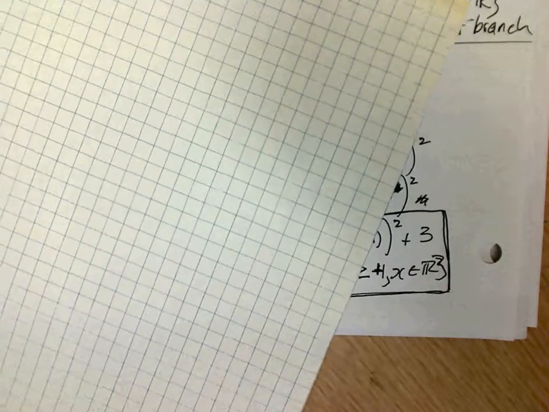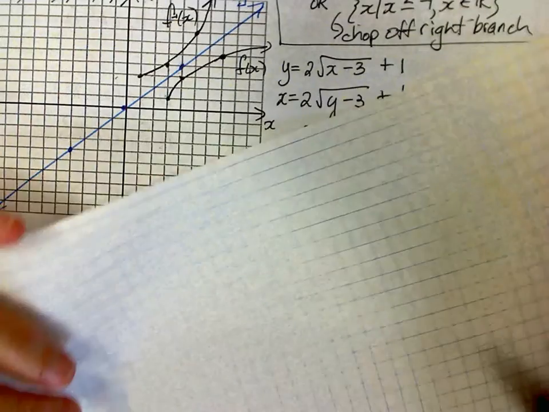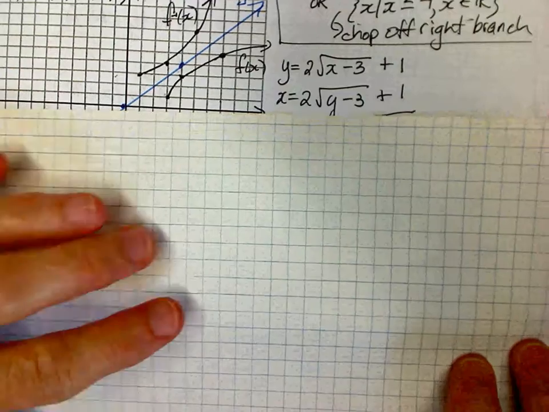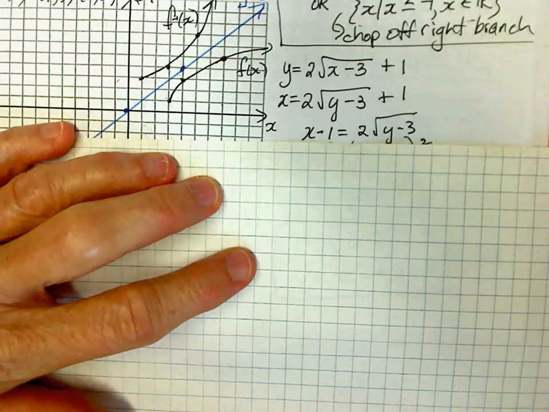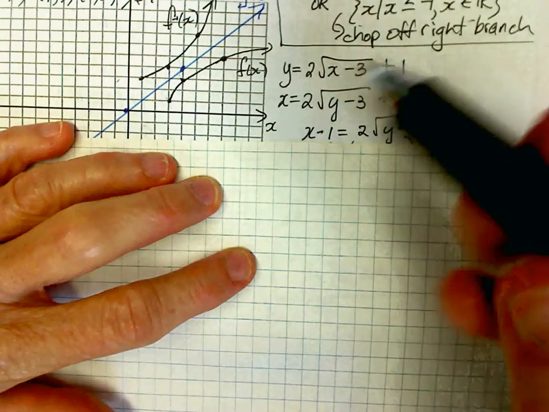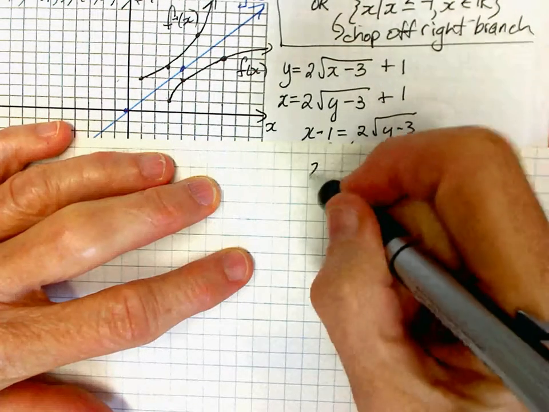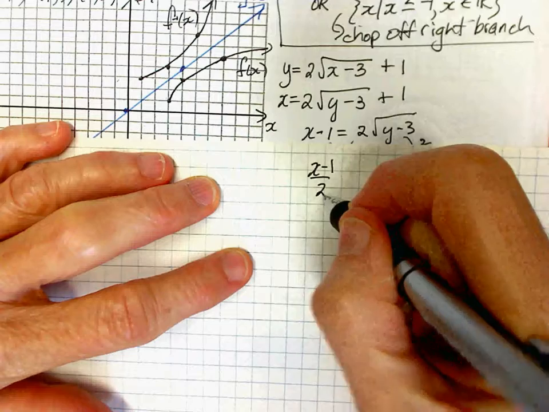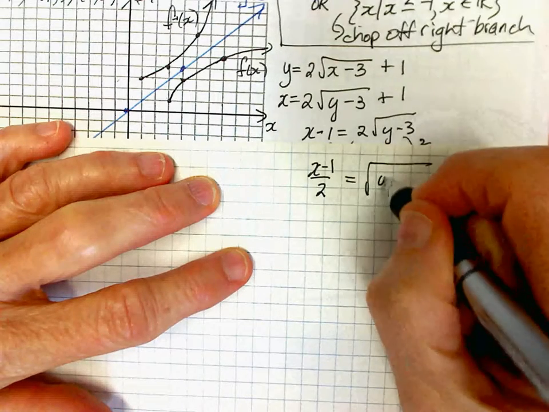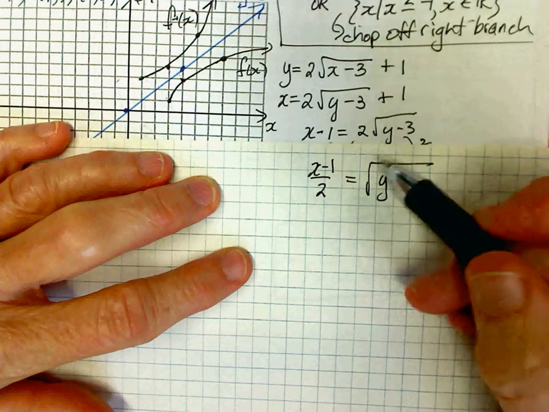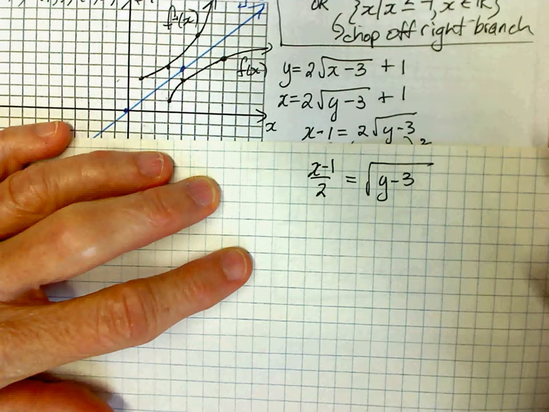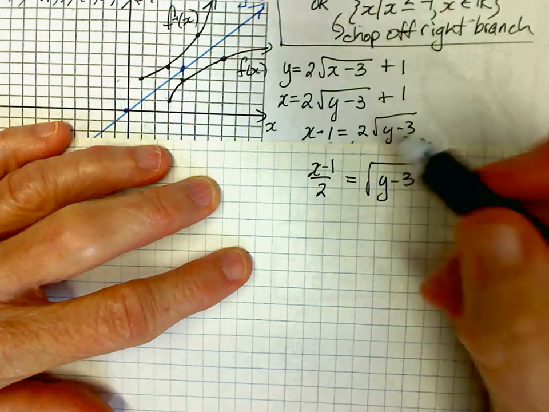Okay, so you're okay up to here. So I'm going to divide by 2. See, if I want to solve for that y, I have to square both sides, right? So I'm going to square this.